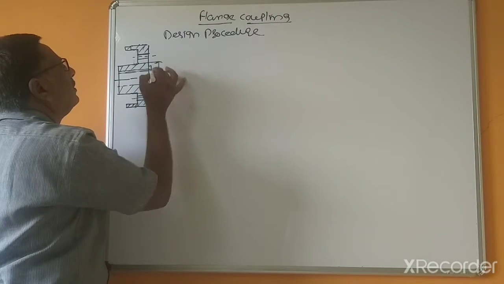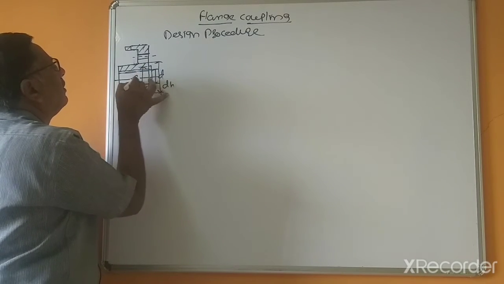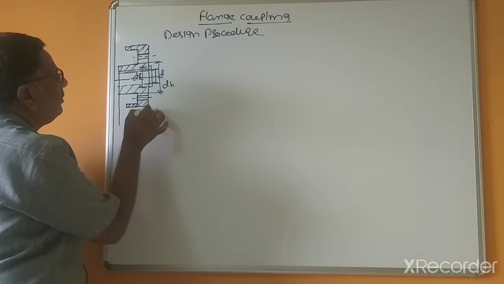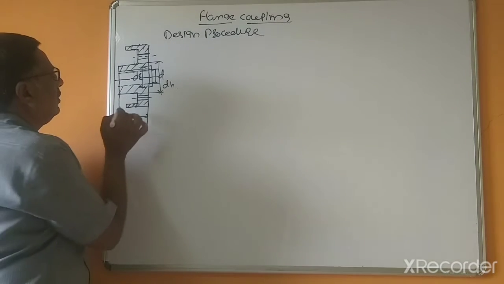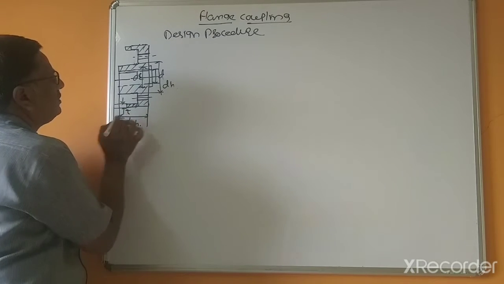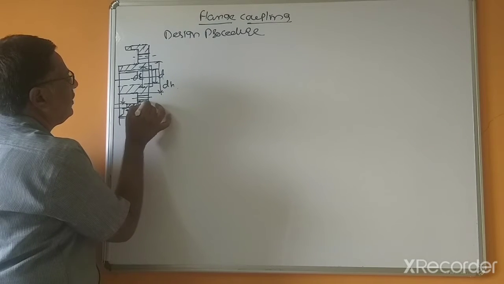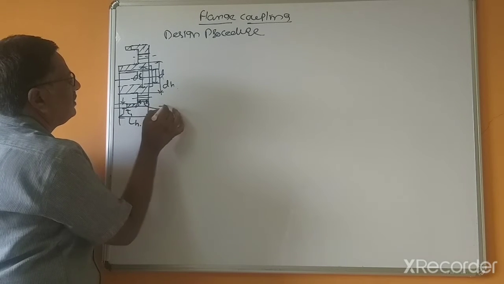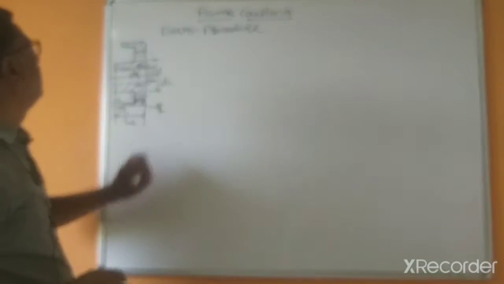This is the input flange, and this is DR. This is the length of the hub, and this is T1, the thickness of the rim. And this is the thickness of the flange, this is T, only T.